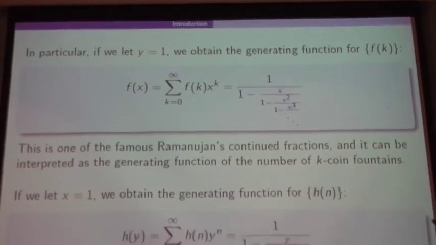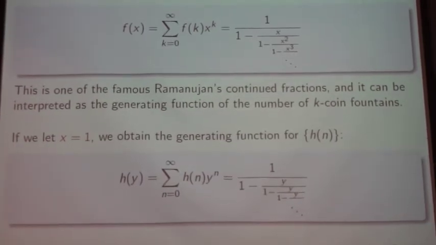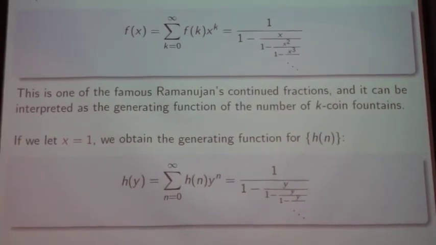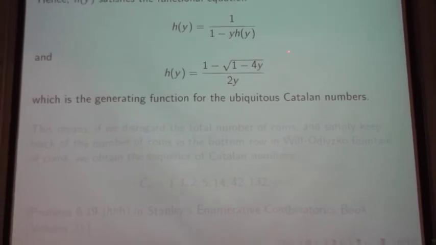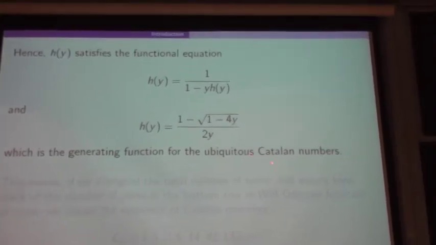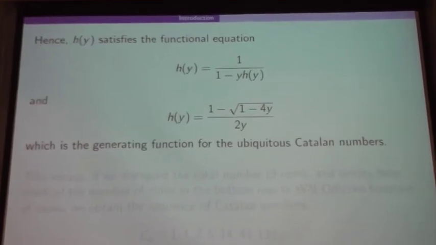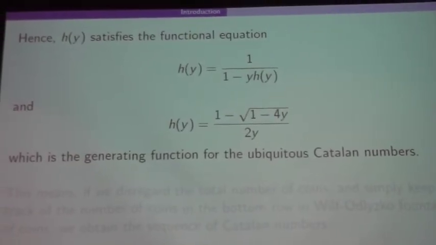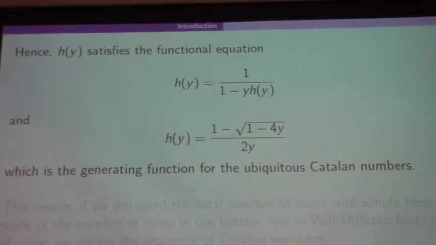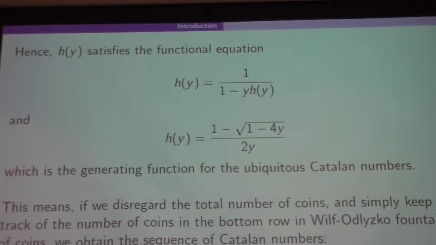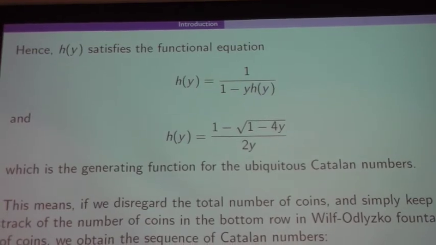And then the third one, if you specialize x to be 1, then as you correctly predicted, we get this one, okay? And this is not as difficult as the Ramanujan continued fraction. This one is quite easy, and it can be rewritten into this functional form, and when you solve it, you get the usual Catalan generating function, and therefore the fountain of coins, if you pay attention only to the bottom row, is simply enumerated by the sequence of Catalan numbers.